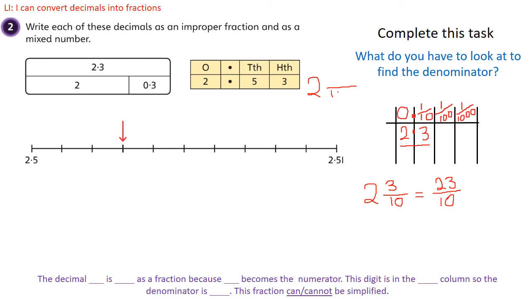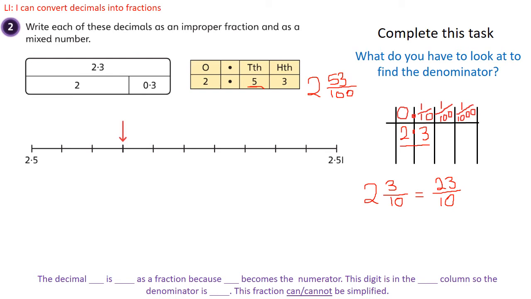It's going to be 100. How many hundredths? We've got 53 hundredths. Do not forget the 5. Yes, it doesn't just disappear. So you've got 53 hundredths.